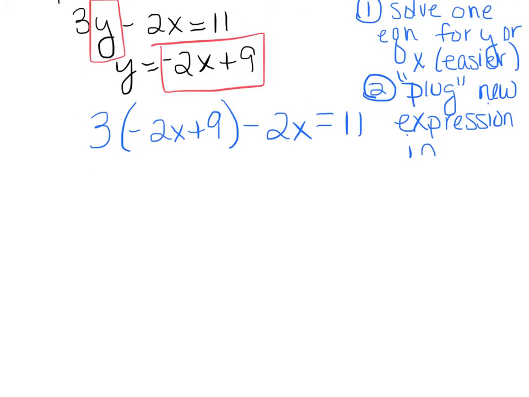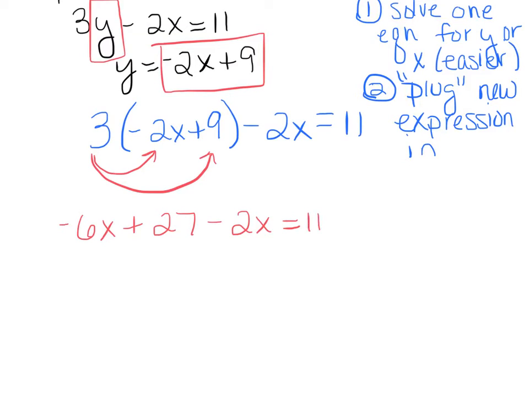I now have an equation that I can distribute through that 3, so I get 3 times negative 2, I get negative 6x, and 3 times positive 9, I get plus 27, minus 2x equals 11. So step 3 is to solve as usual. So now, once we have distributed through, we can now start combining our like terms.